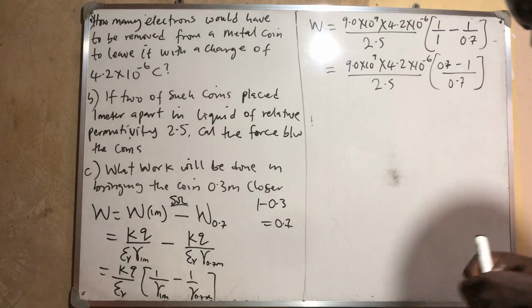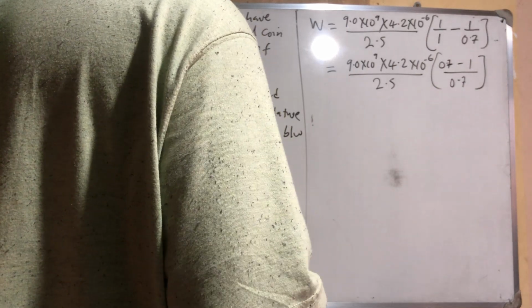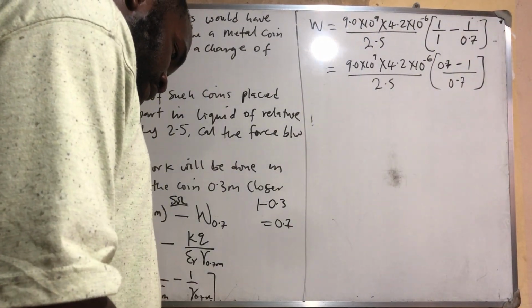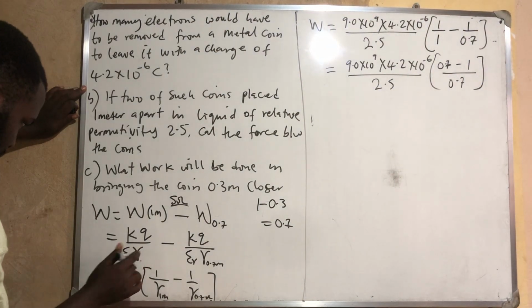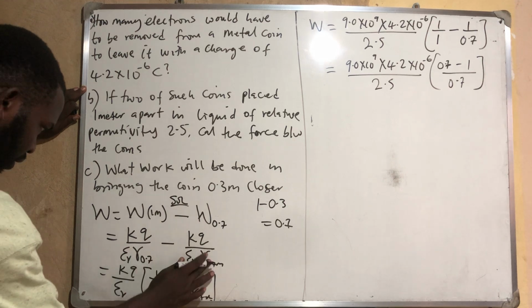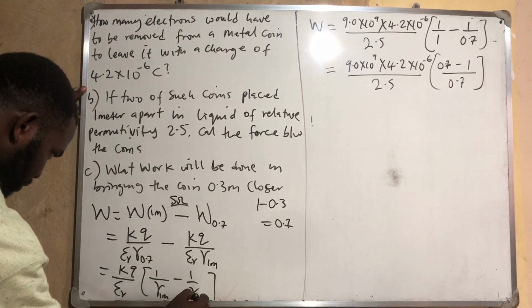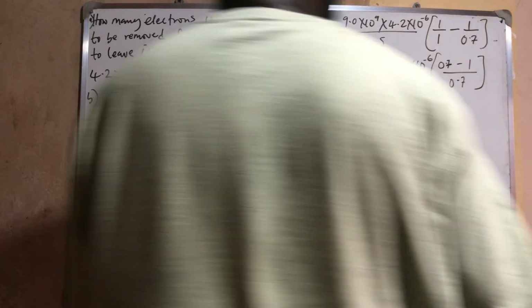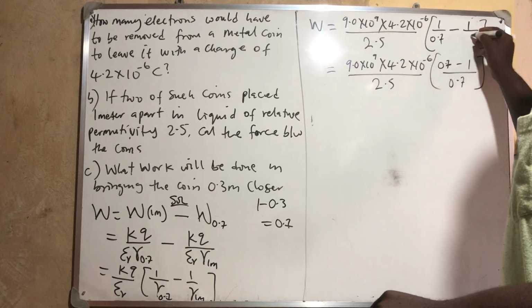Okay, sorry, it should be at 0.7 minus at 1. Yes, sorry, it should be at 0.7 first before 1, because we are not supposed to get negative, and at 1 meter. Sorry about that. This one is for 1 meter, while this one is for 0.7. I just noticed it because I was getting negative. So this is 0.7 and then at 1.